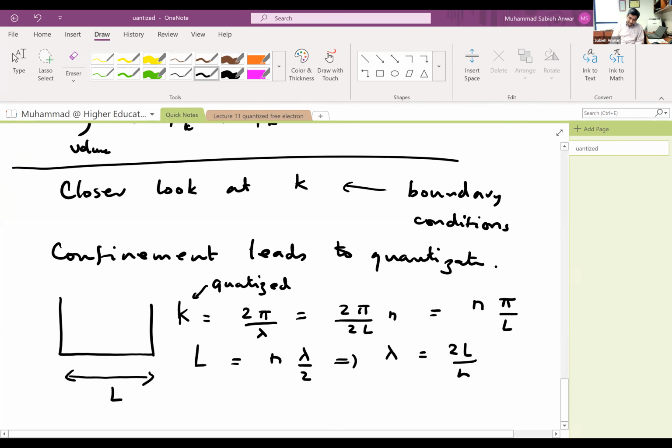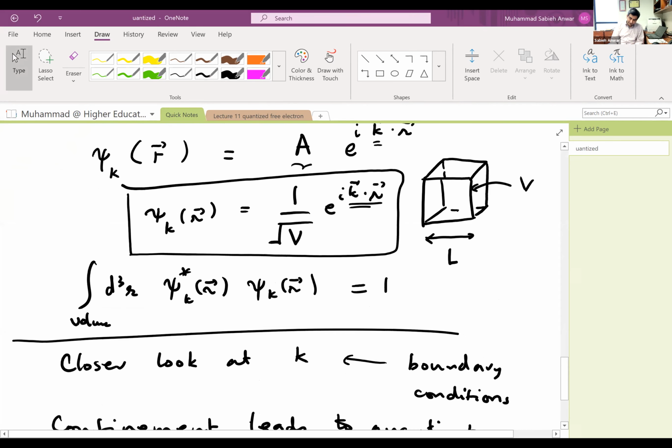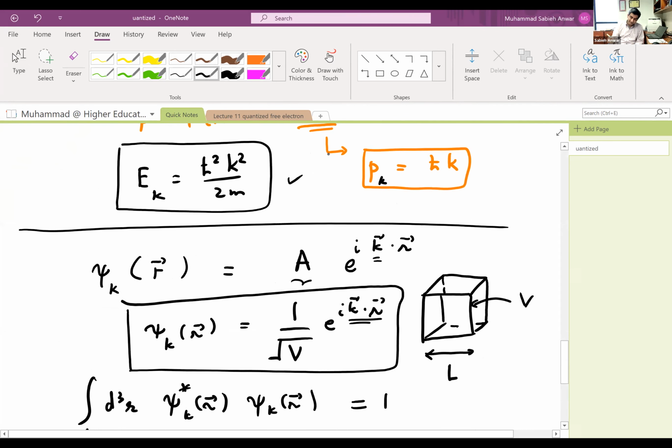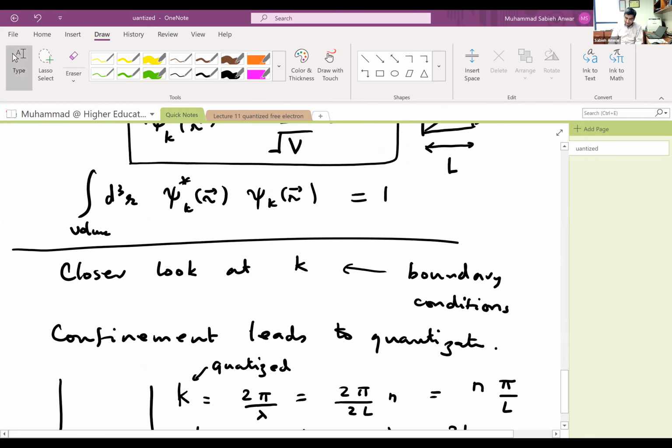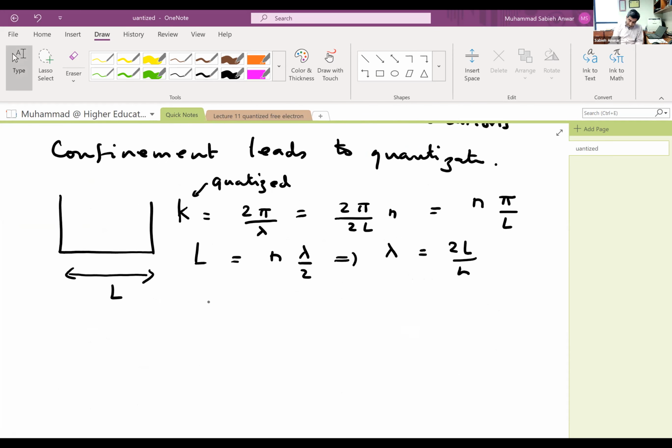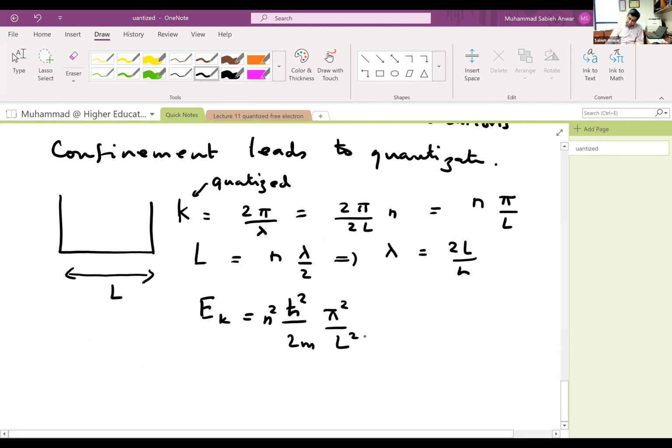And since k is quantized in this fashion, the energy becomes quantized. The energy becomes E_k equals h bar squared k squared over 2m, where k squared is now n squared pi squared over L squared. So E_k is now quantized by what has emerged as a quantum number for a particle in a well.